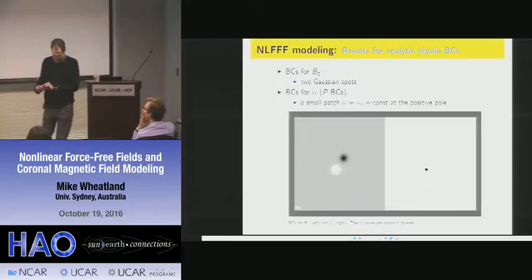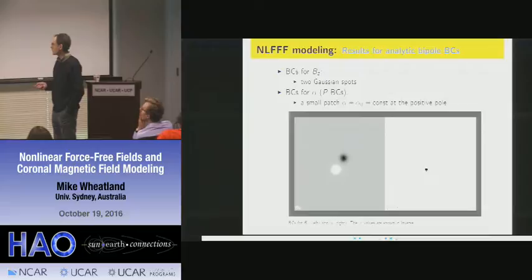So I'll show the application of the code to some analytic boundary data. I said I would do that. This little diagram shows the boundary conditions for B_Z on the lower boundary and the boundary conditions for alpha. I've got to specify alpha on the positive polarity.